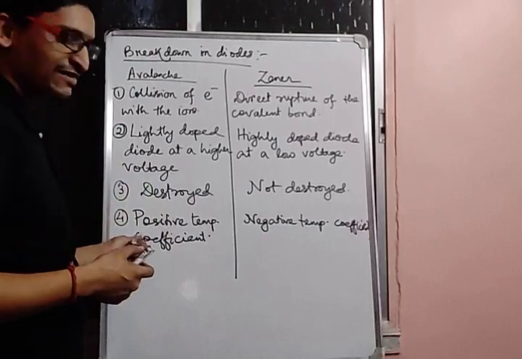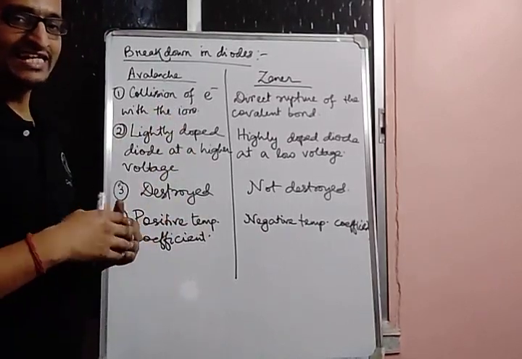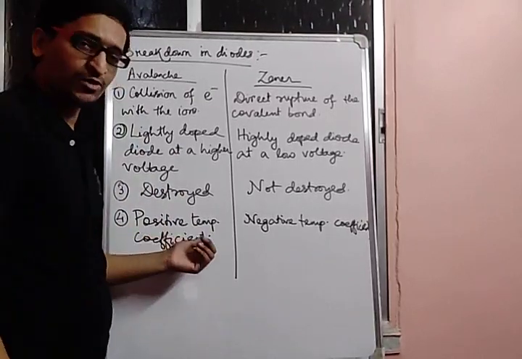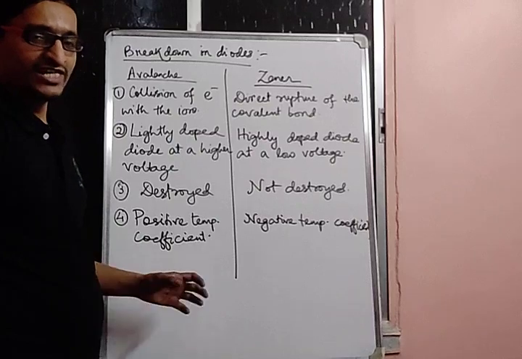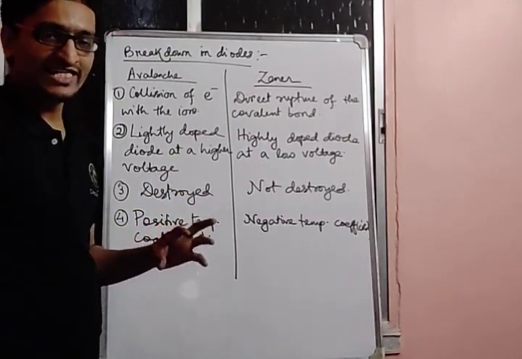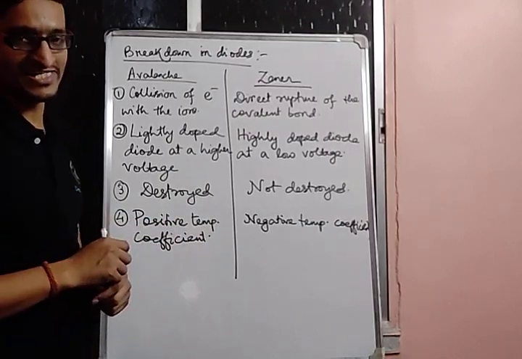As a result, the voltage has to be increased. So the avalanche breakdown voltage increases with temperature, which means they have a positive temperature coefficient.